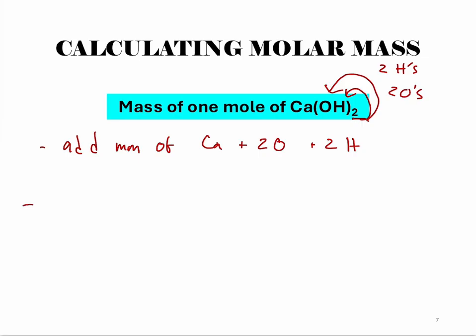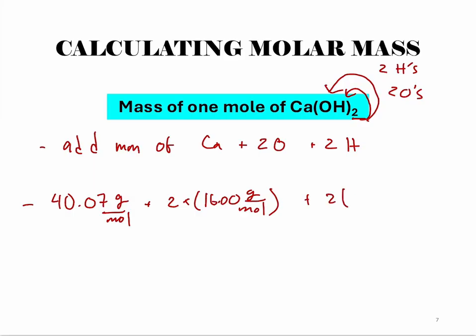And so what's the molar mass of calcium? 40.07 grams per mole plus 2 times 16.00 grams per mole plus 2 times 1.008 grams per mole.